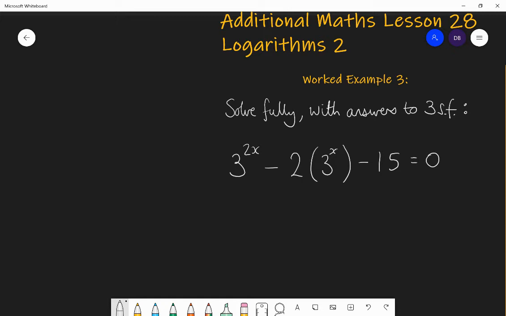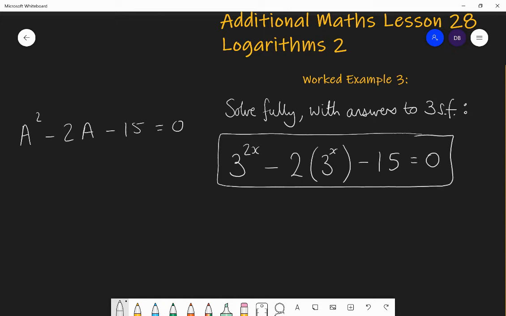This is a hidden quadratic, where you have an unknown thing and then an unknown thing to the power of 2. So it's of the form a squared minus 2a minus 15 equals 0.